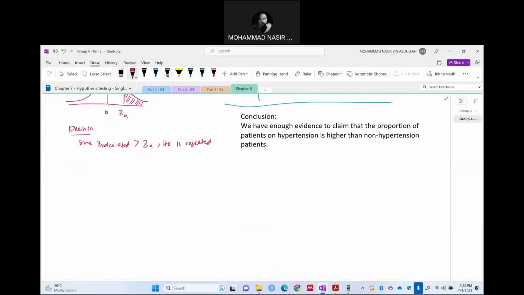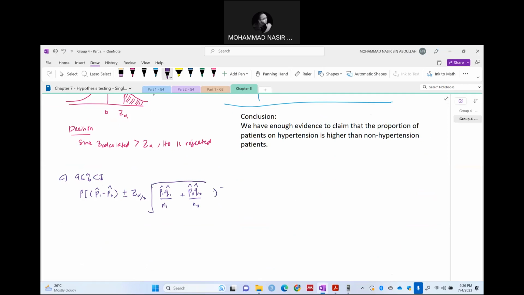So I'm using this color. So for C, we want to find the 95% confidence interval for two proportions. So the probability of P1 hat minus P2 hat plus minus Z alpha divided by 2 multiplied with the square root of P1 Q1 divided by N1 plus P2 Q2 divided by N2.